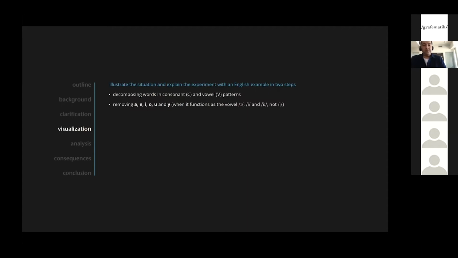In step one, I'm using only single vowel graphemes A, E, I, O, U, and Y when it functions as a vowel, not a consonant, and avoiding vowel digraphs such as OA and OU. Then in step two, I introduce vowel digraphs representing either a monophthong or a diphthong into the process.